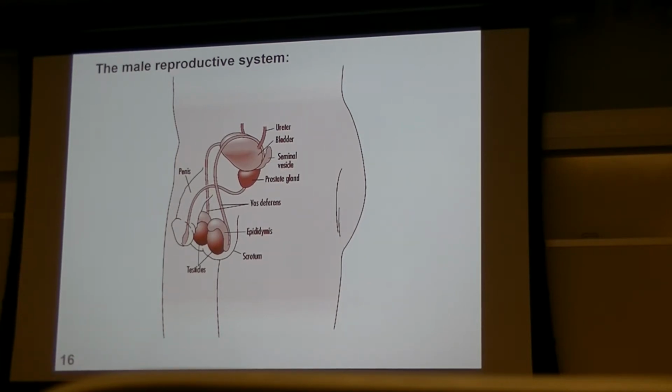And there's a couple of other glands that contribute some of the fluid that help move these sperm along, and these include the vas deferens and the prostate gland. So the ejaculate has some volume that is contributed by fluids from these 2 additional glands.